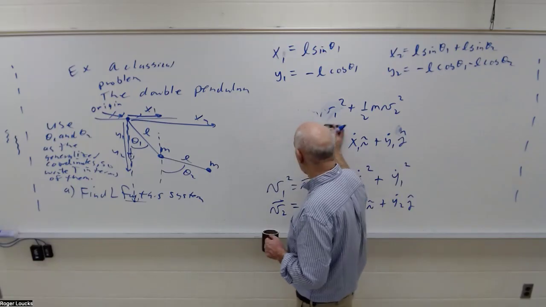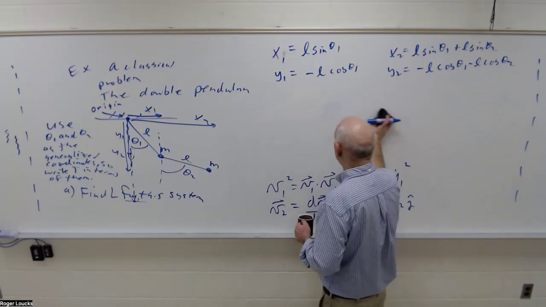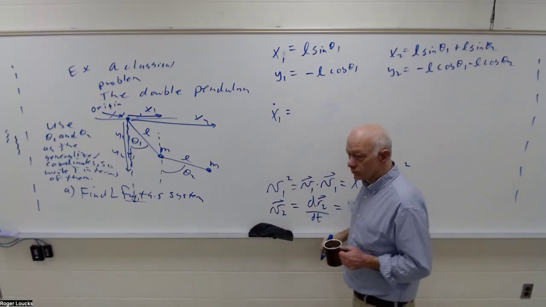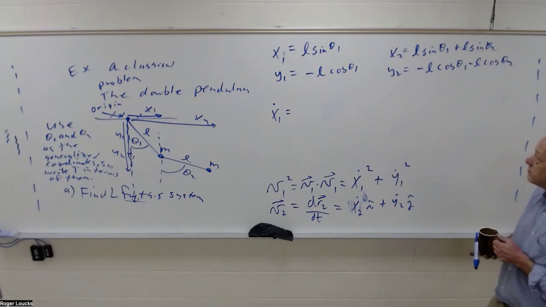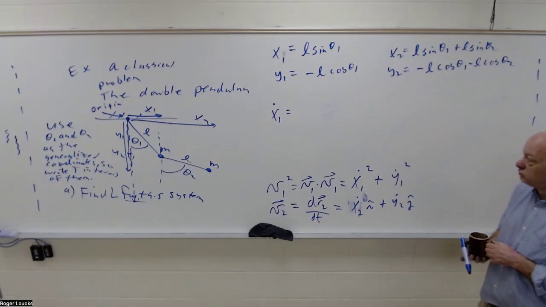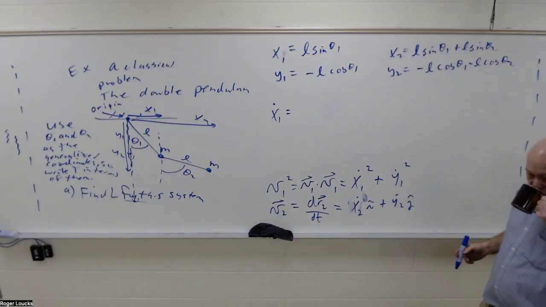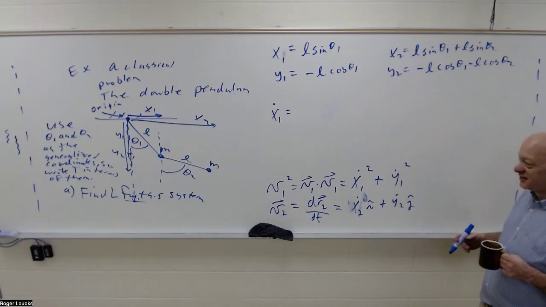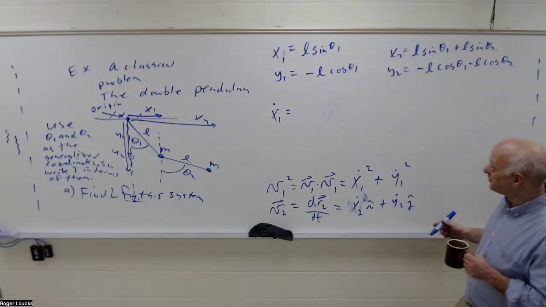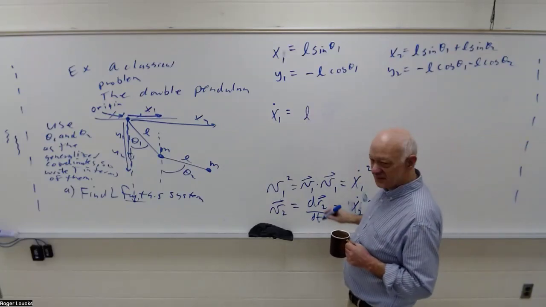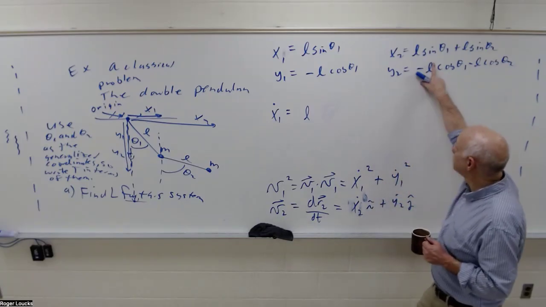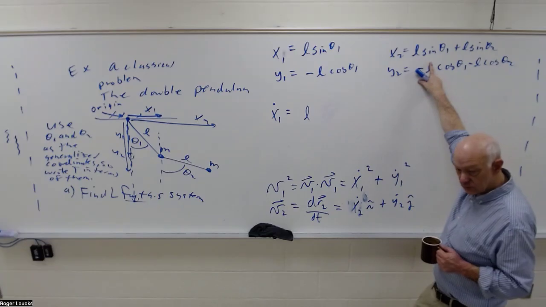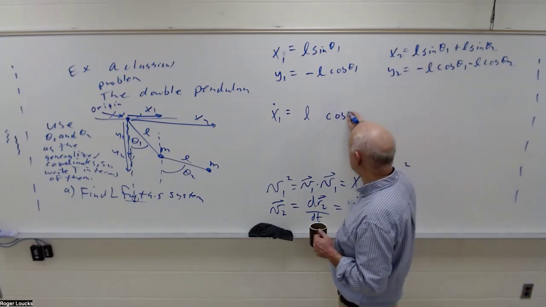What is x1 dot? Tell me what you write. I agree that there's an L. The time derivative of a sine has to use the chain rule, so the sine goes to cosine of theta 1.